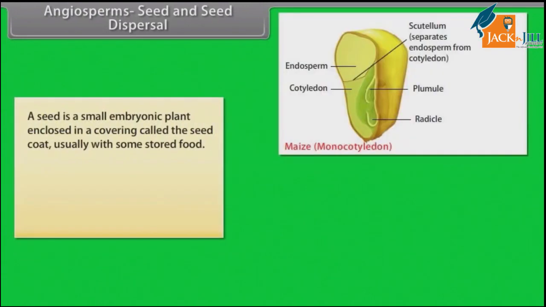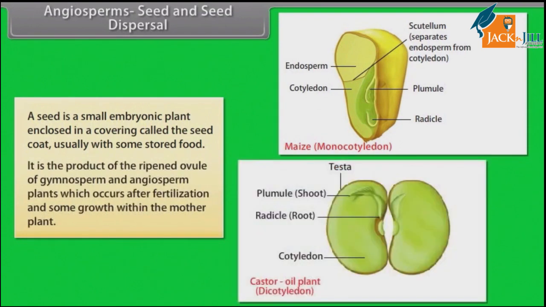Angiosperms, seed and seed dispersal. A seed is a small embryonic plant enclosed in a covering called seed coat, usually with some stored food. It is the product of the ripened ovule of gymnosperm and angiosperm plants, which occurs after fertilization, and some growth within the mother plant.